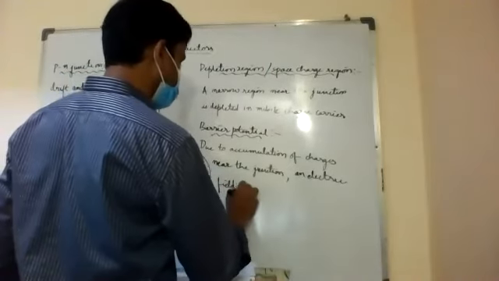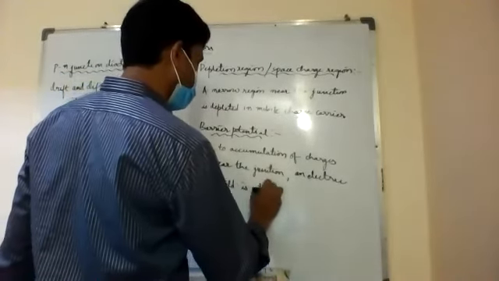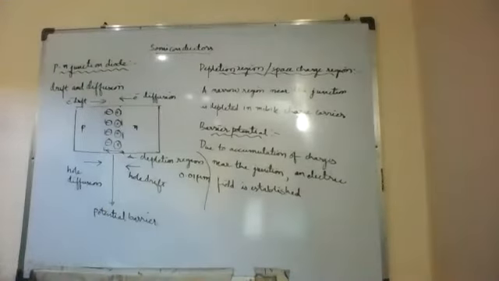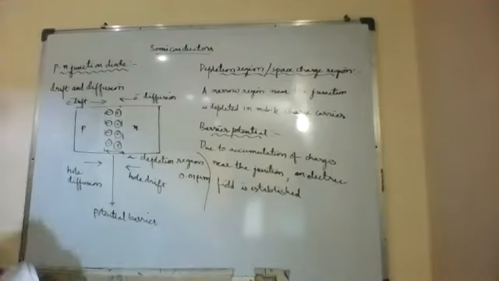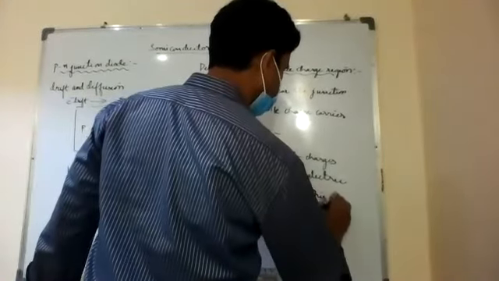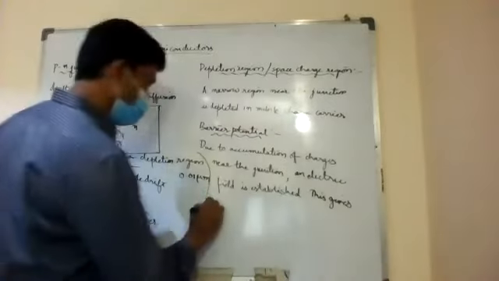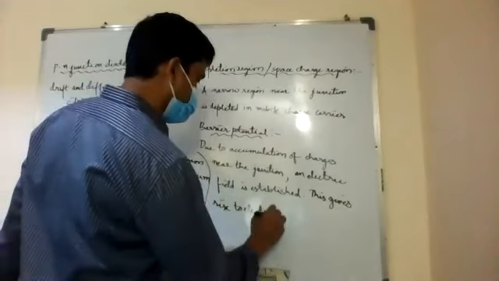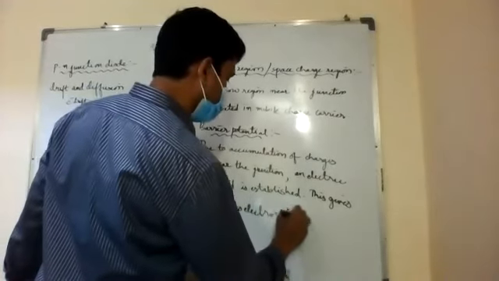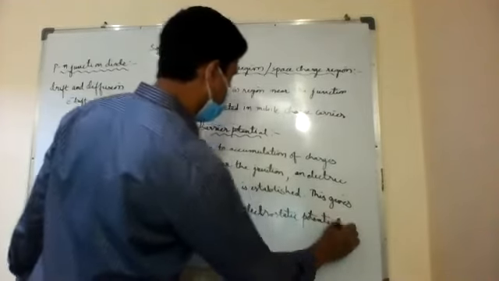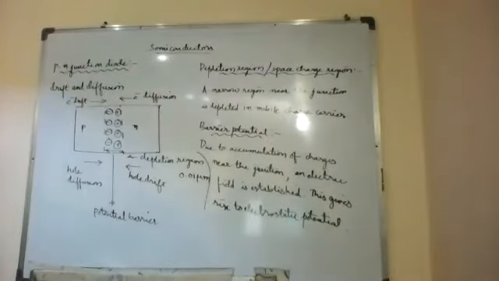This gives rise to electrostatic potential. The electric field is established because of it.